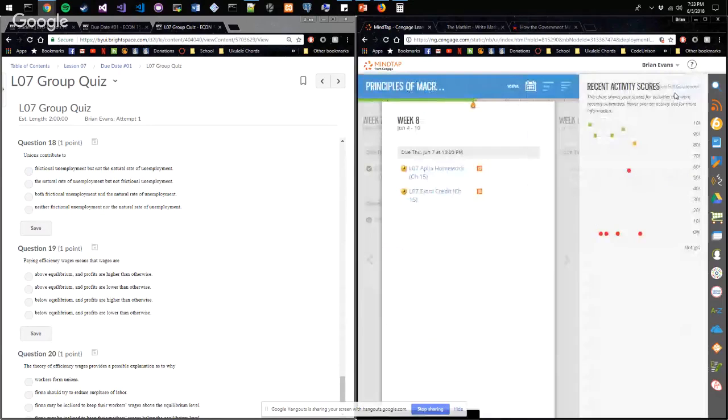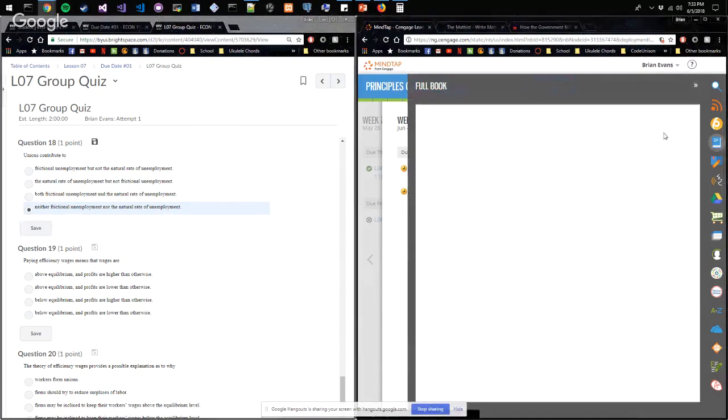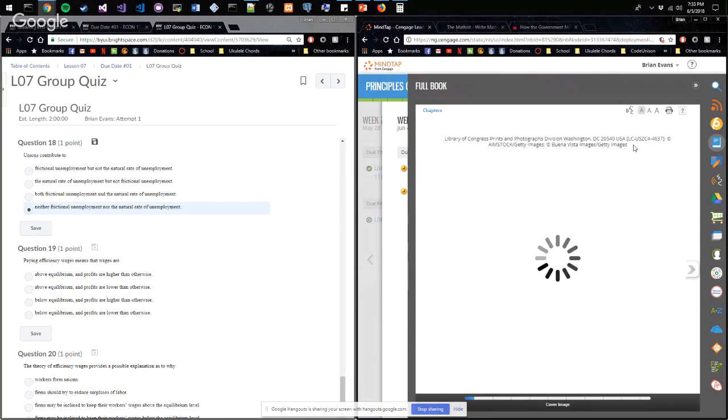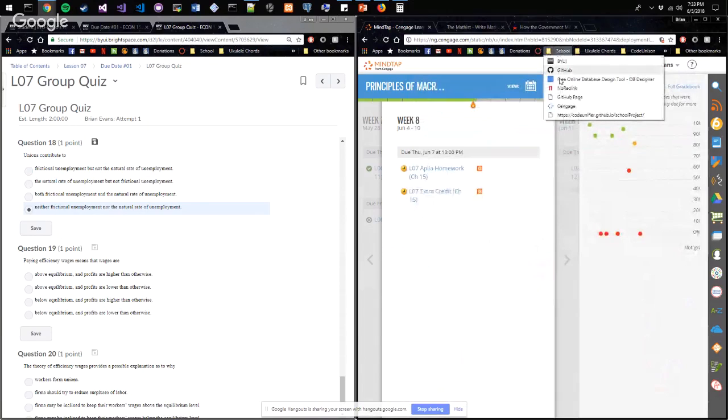Well, I would say that it's, where'd that book go? Where did it go? There we are. I would say that it's probably neither of them then. So I would say that it's D. I lost the book, but so it's not frictional.